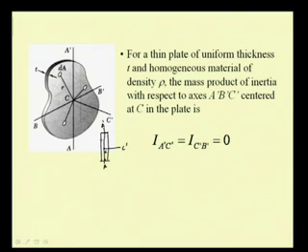Then we see that the mass elements are situated at equal distances from this axis, and so in the integration they will cancel out. Since the thickness T is uniform throughout and the frame A prime B prime C prime is a centroidal frame, I A prime C prime as well as I C prime B prime, where we involve the axis C prime about which the body has symmetry, become 0.